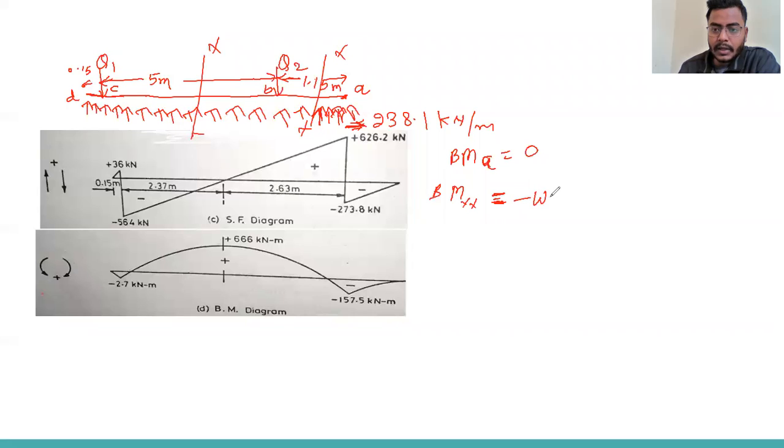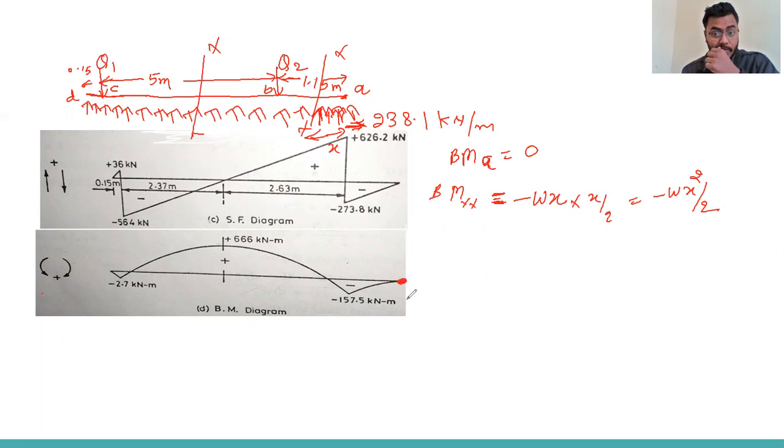So we can write W into x, that is the distance of x from this. And this is the load, and the centre of gravity of the load from the x section will be x by 2. So we can write minus W x square by 2, and that section is valid from B to A. By putting x equal to 0, we will get the bending moment 0.